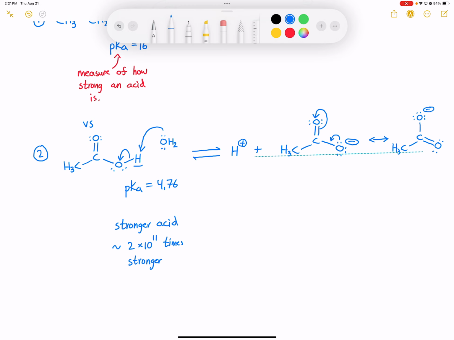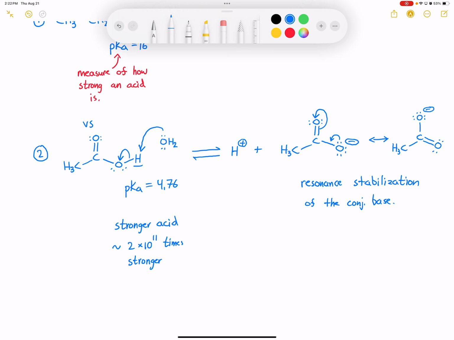And this is called resonance stabilization of the conjugate base. All right.